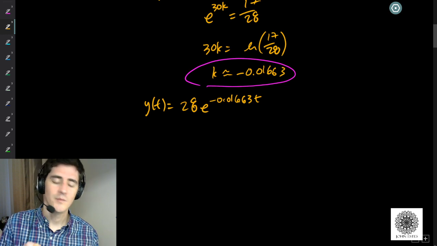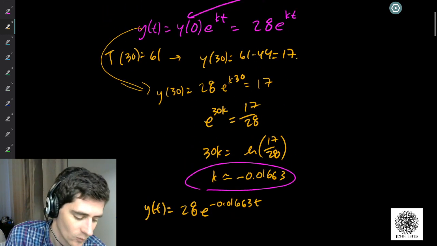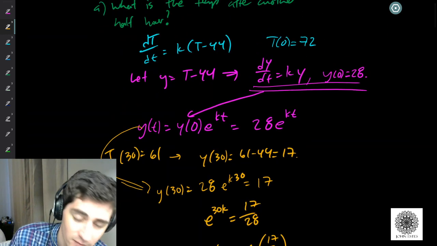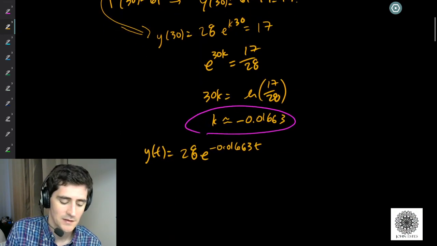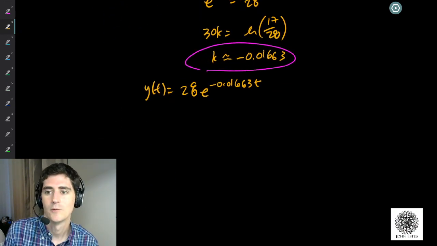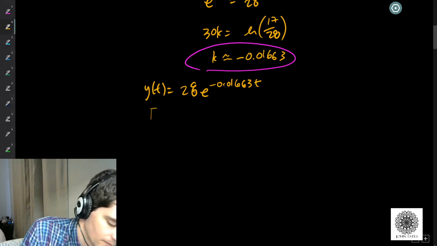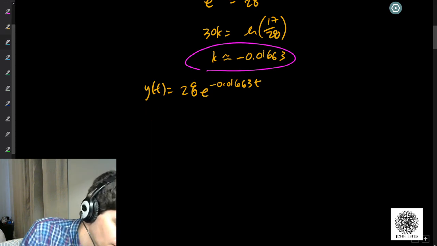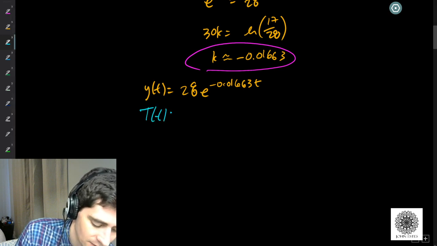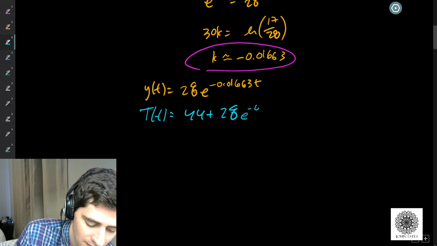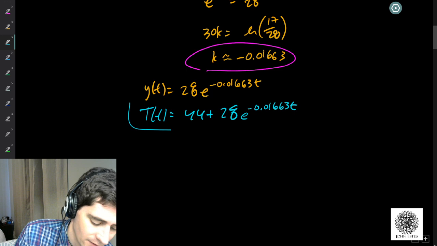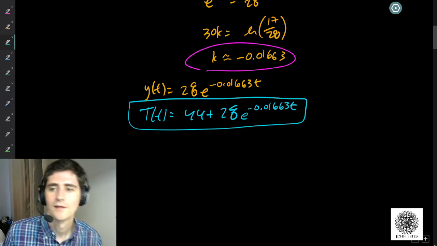And I can convert that back to T because remember, y is simply T minus 44. So then for T, I just add 44 to this. So my T of t is 44 plus 28 e to the negative 0.01663t power. And there is my temperature function over time.